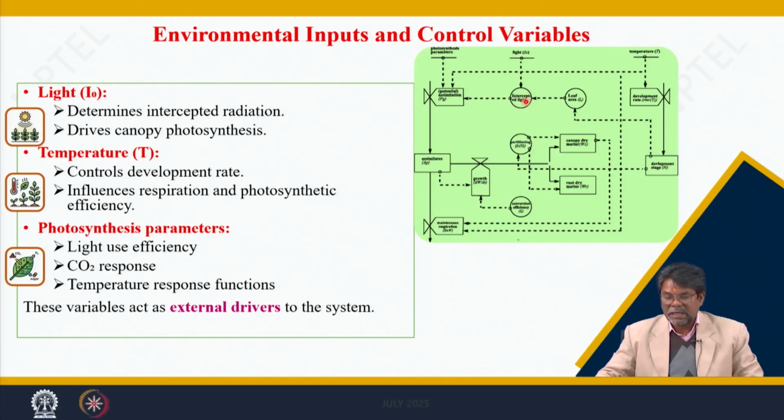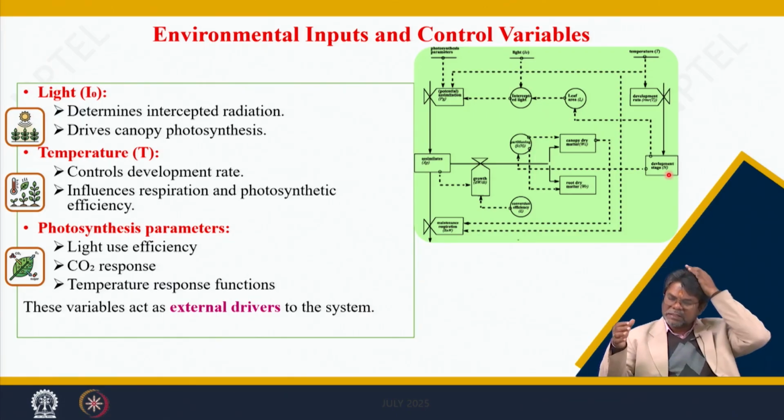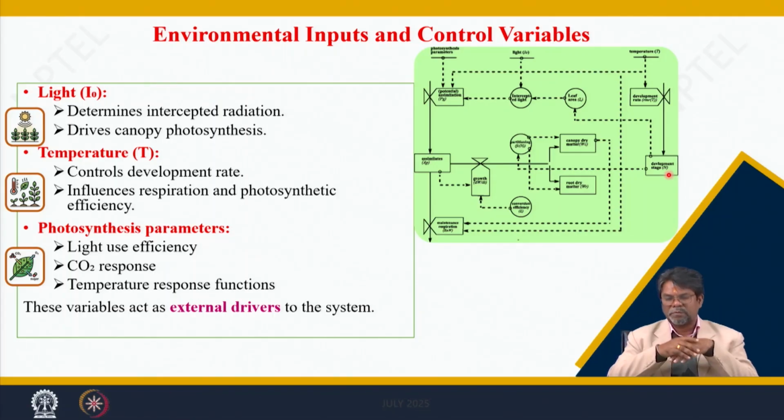Light interception influences the potential assimilation. The potential assimilation is influenced by the radiation interception by the crop, which is ultimately influenced by the leaf area, and leaf area is regulated by the developmental stage, because leaf area varies over time and, at a particular stage of development, depends upon the developmental stage.